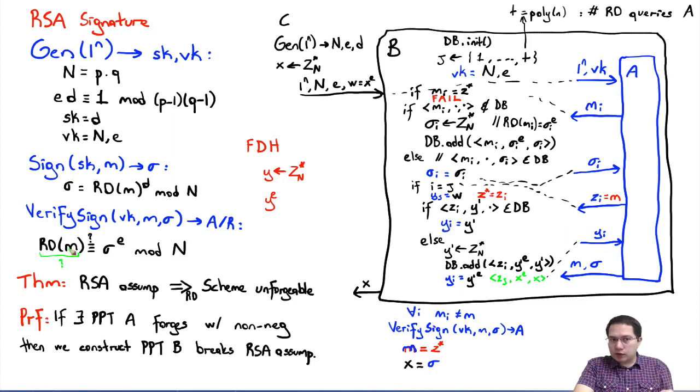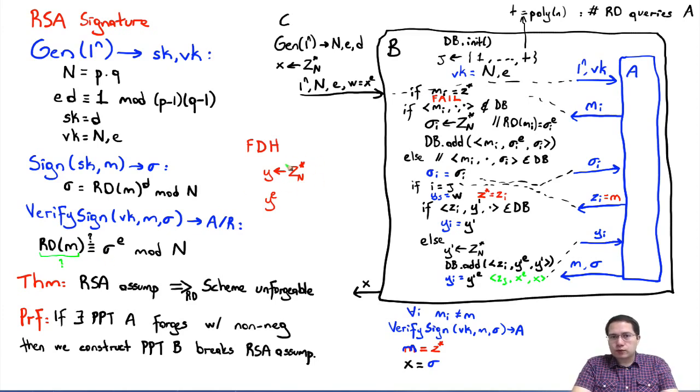If the adversary never queried the random oracle for M, this is a random element. Now, for finding a sigma such that sigma to the E is a random element, the adversary only has negligible chance.